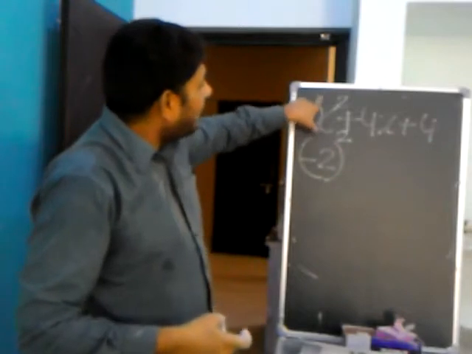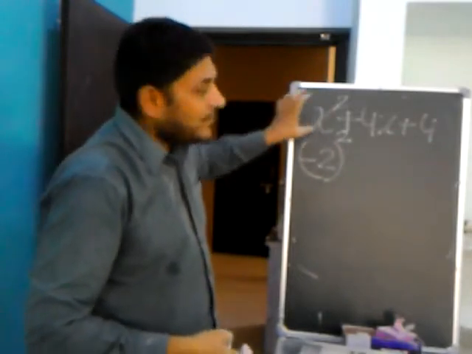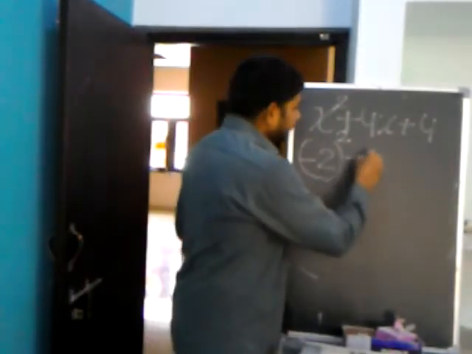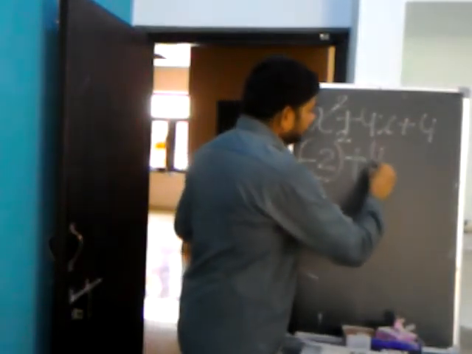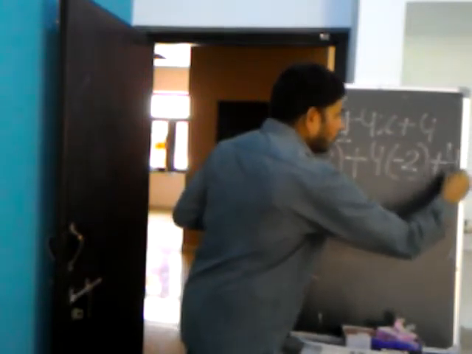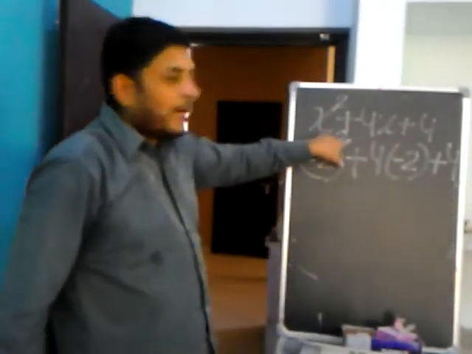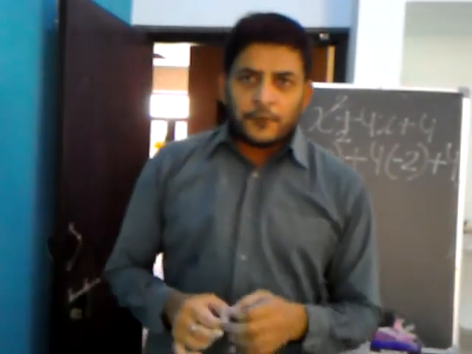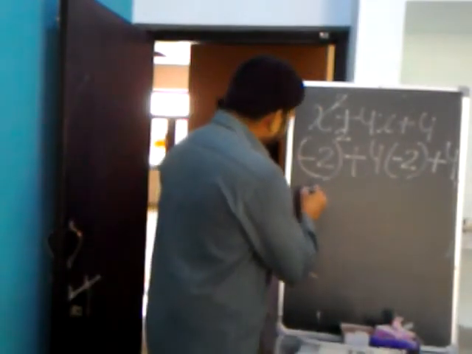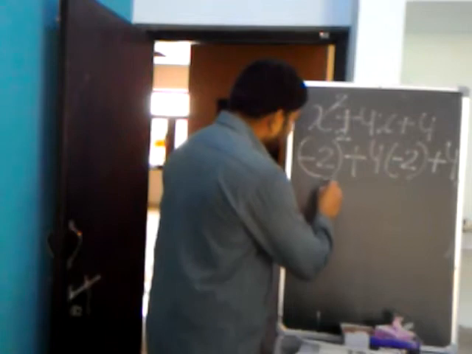That means wherever I had x, I substituted it. Two square, the square of 2 is 4. So it comes out 4 plus.